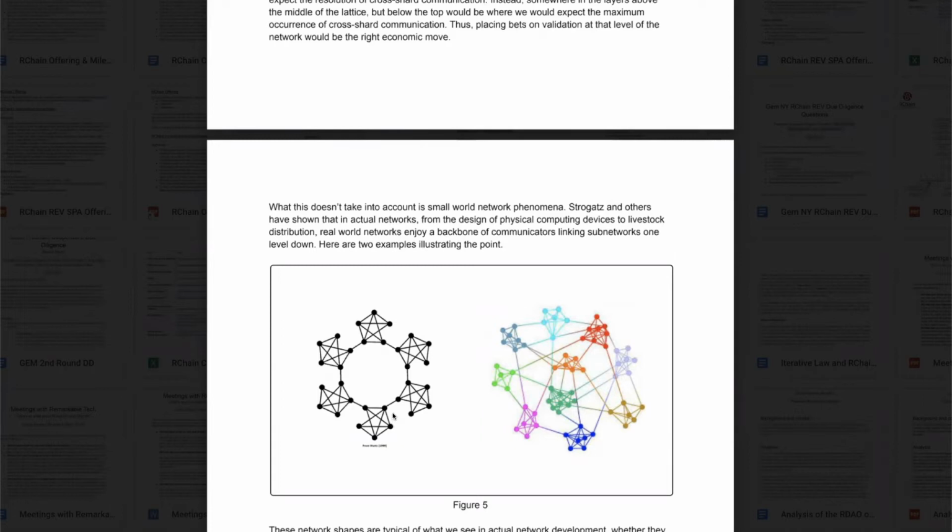So these are what are called small world networks, identified by Strogatz and others, studied extensively. And RChain's architecture and proposal is to have mainnet be the backbone. So REV is the backbone of a small world network. And that allows the shards to develop autonomously and independently without coordination costs amongst themselves.